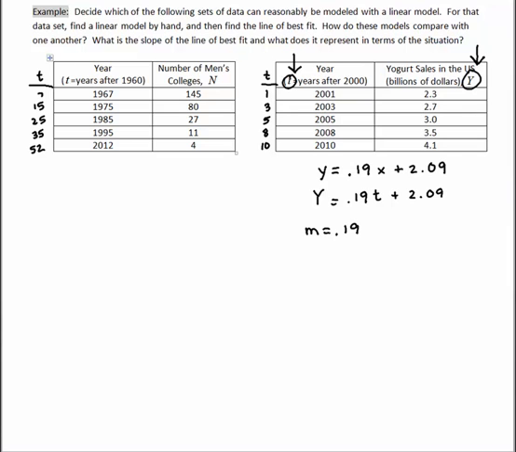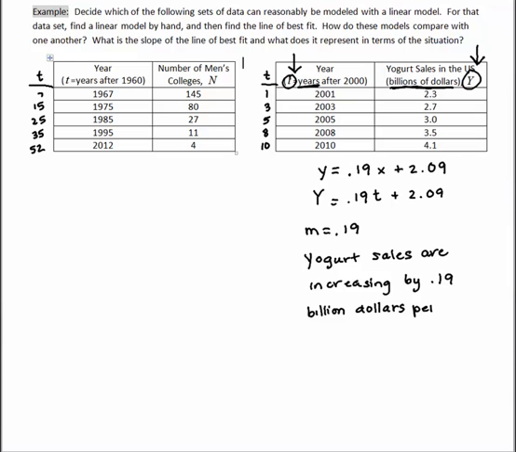So I could say the yogurt sales are increasing since I have a positive slope, by 0.19. And be careful of the units here. The yogurt sales were given in billions of dollars. So that would be by $0.19 billion per year, since T was given in years.